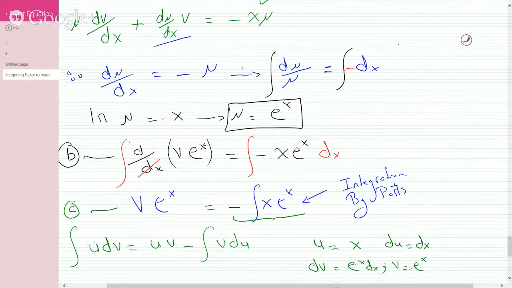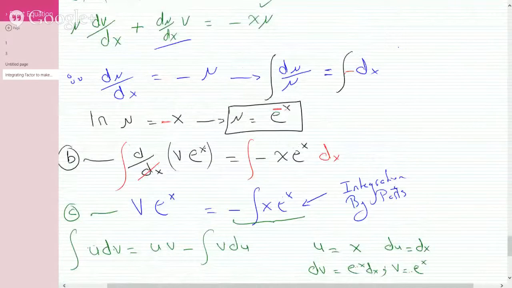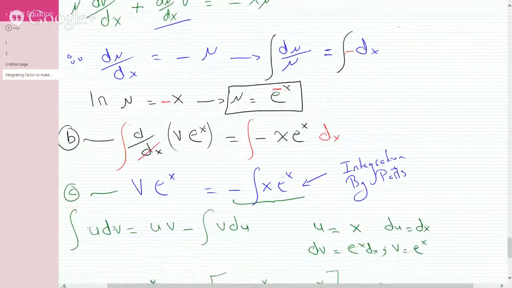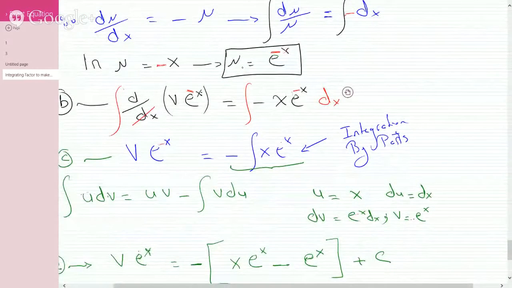Which would make this a minus x, which would make this e to the minus x, which would of course make, when we multiply by the integrating factor e to the minus x, this also become e to the minus x, and this is e to the minus x. And then this is e to the minus x right here, and this is e to the minus x.